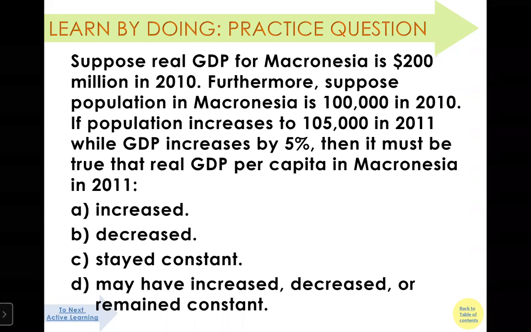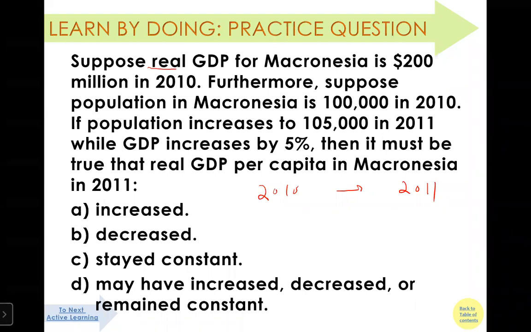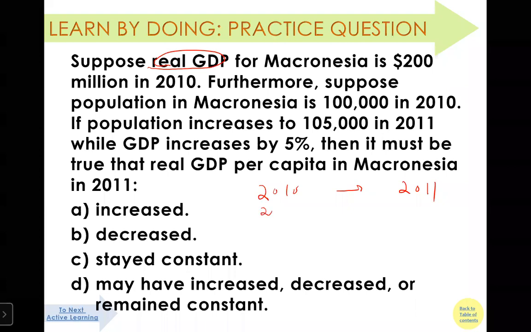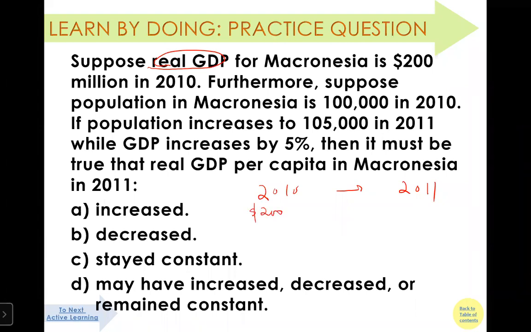What happened to that? Okay, so let's write down the information. 2010, 2011. Okay, so here is the real GDP, and clearly this aggregate real GDP is 200 million. And then in 2011, increased by 5%, so that's going to give you 210 million.